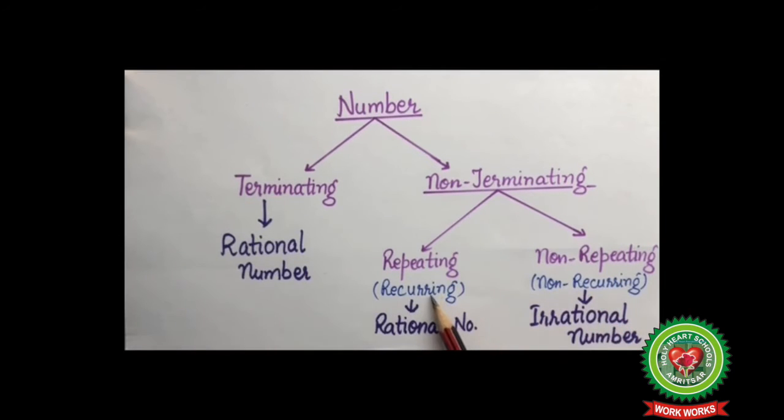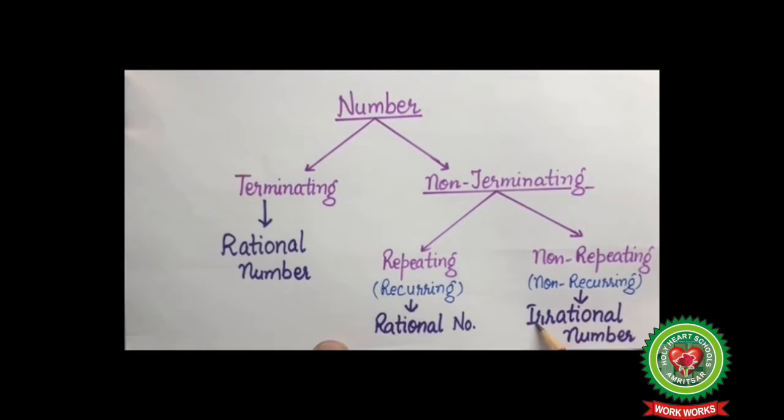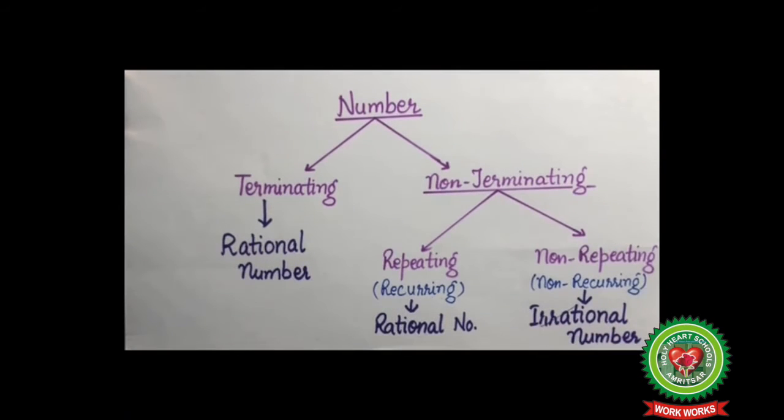Repeating ones are also called recurring decimals. They are also rational numbers. And non-repeating, that is non-recurring, they are called irrational numbers. So the non-terminating and non-repeating ones are the irrational numbers.